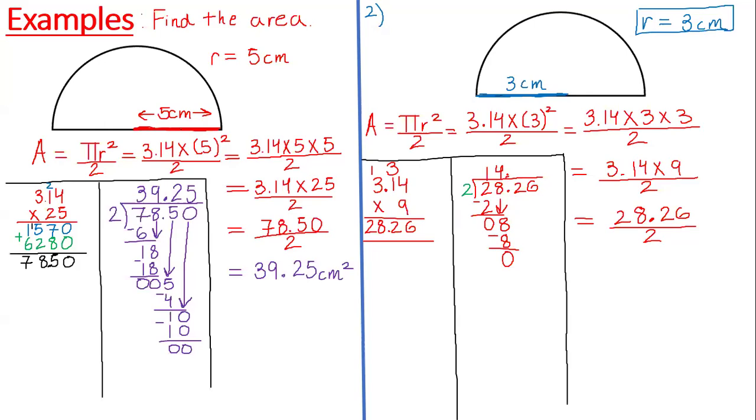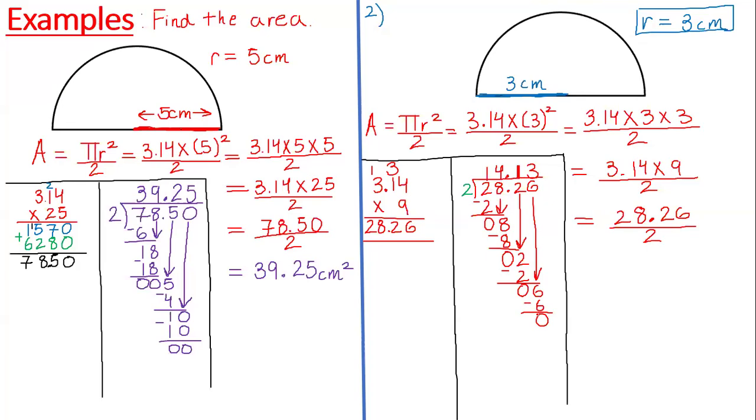We bring down the 2. How many times does 2 go into 2? 1 time. 2 minus 2 is 0. Bring down the 6. How many times does 2 go into 6? 3 times. 6 minus 6 is 0.